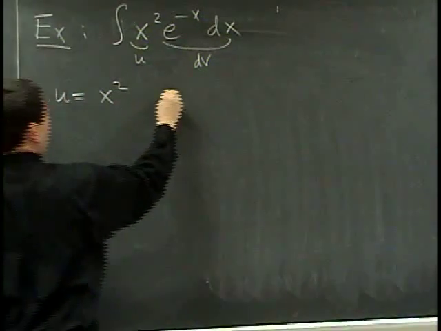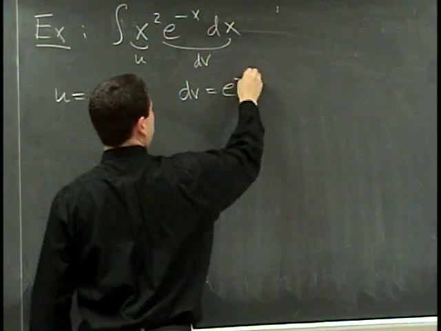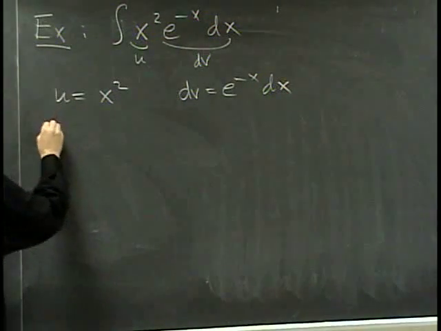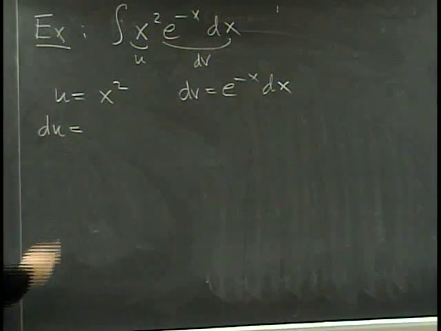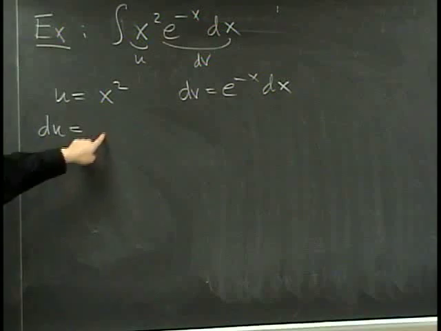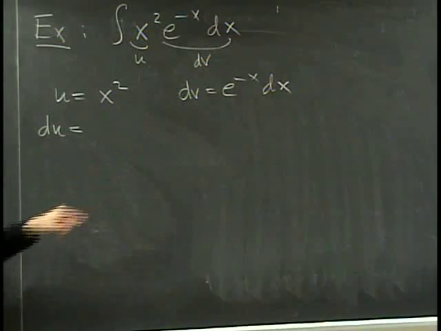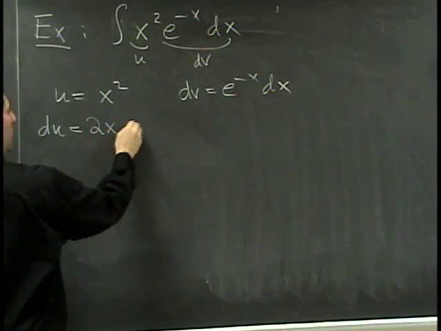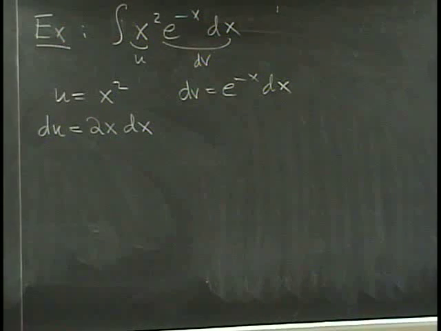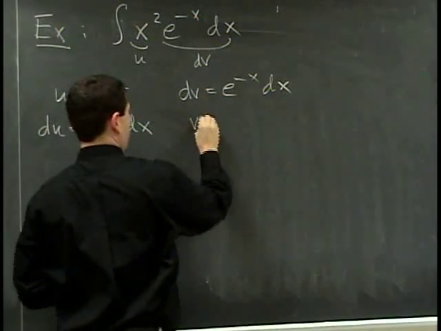U equals x squared. dv equals e to the minus x dx. So du is the derivative of u times dx: 2x dx. Okay, and what's v going to be?